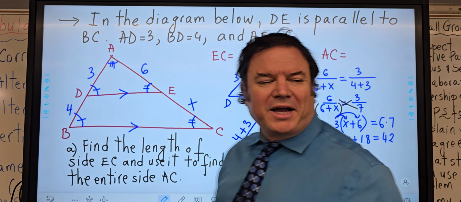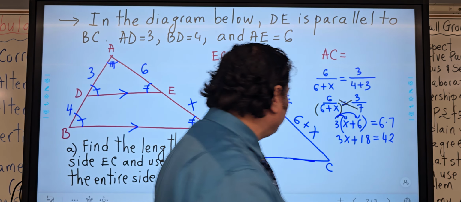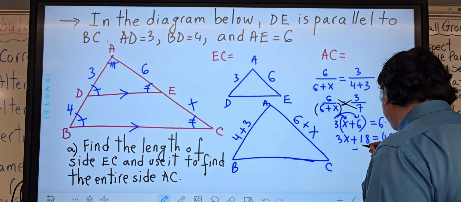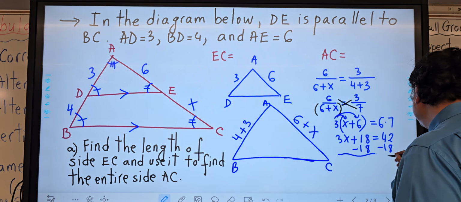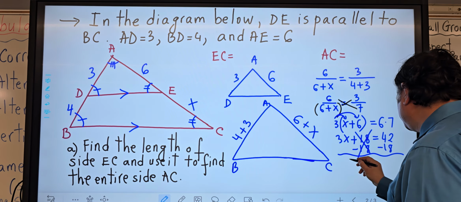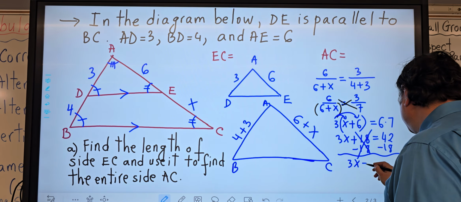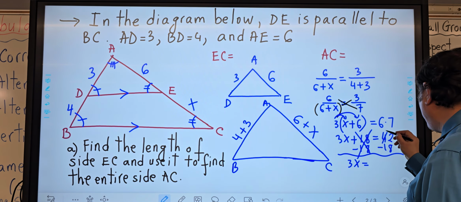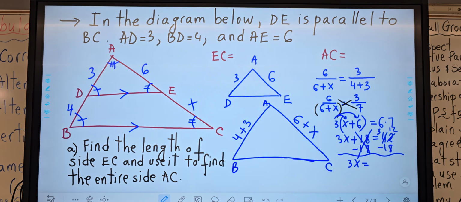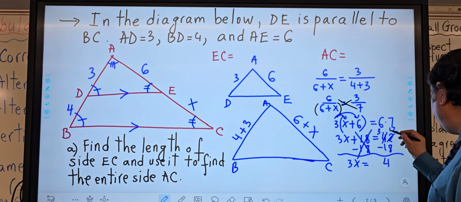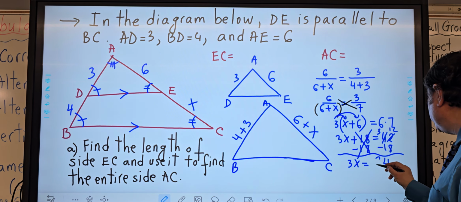And now let's subtract 18 on both sides. Minus 18 minus 18. This cancels out, so we have 3x equals, remember, borrow from the 4, make 4 a 3, make 2 a 12. 12 minus 8 is 4, and 3 minus 1 is 2.